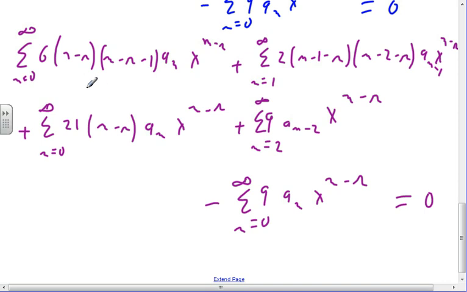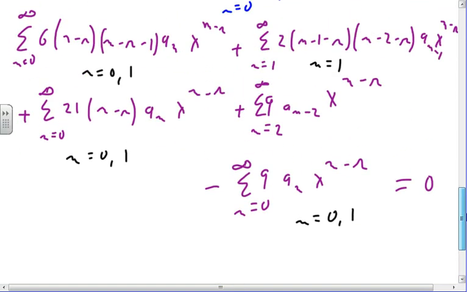Now we're going to take the n equals 0 term and the n equals 1 term out of each of them, and then we can have summation n equals 2 to infinity when I get done.